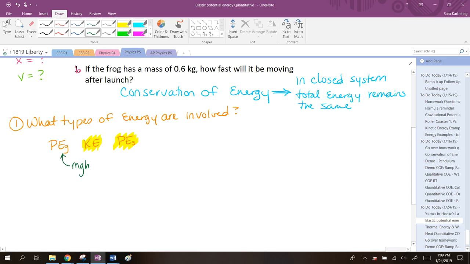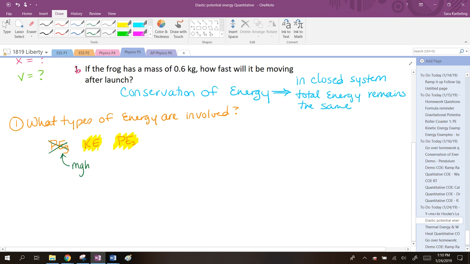So if his height doesn't change, then the gravitational potential energy doesn't change. And the way that Shahad was so nicely holding that launcher was all flat, wasn't it? So that whole time, the height wasn't changing. You could include it if you wanted. Let's not, though, because we don't have to. So we just got kinetic and spring potential.